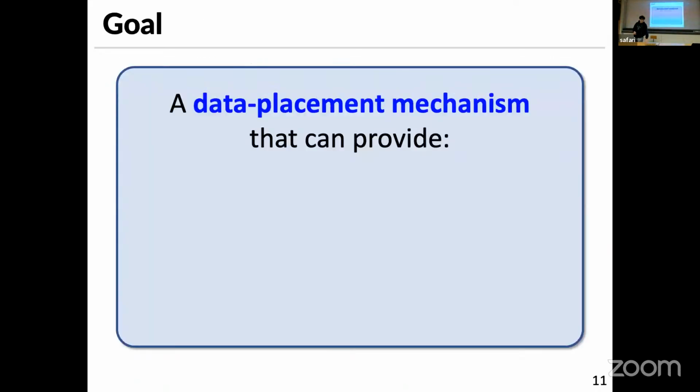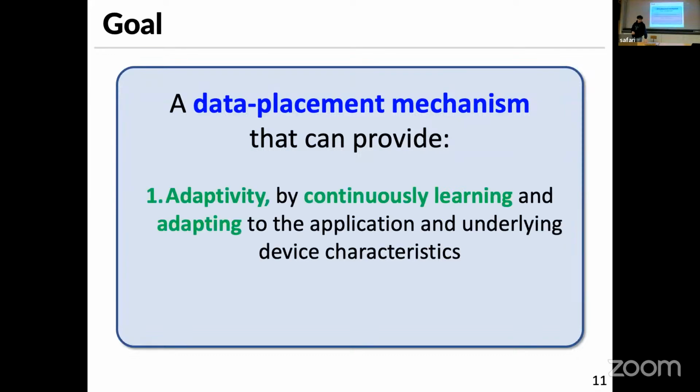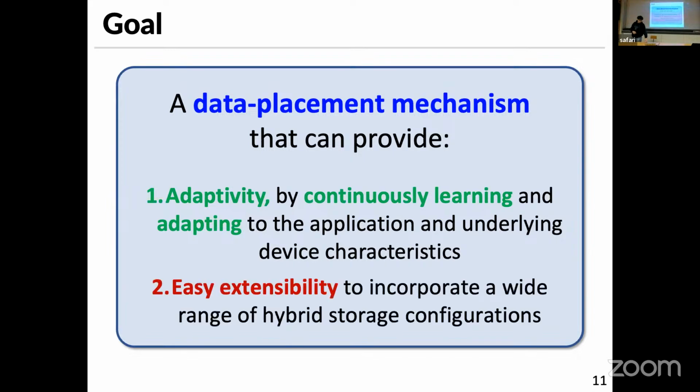When you want to add or perhaps remove a device, the goal here, as mentioned, is to have adaptivity by continuously learning and adapting to the application and also to the device characteristics. And you also want to have easy extensibility. So you don't want to have such a huge engineering effort when you're just adding or removing a device.